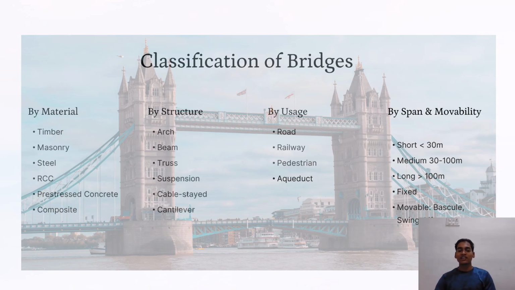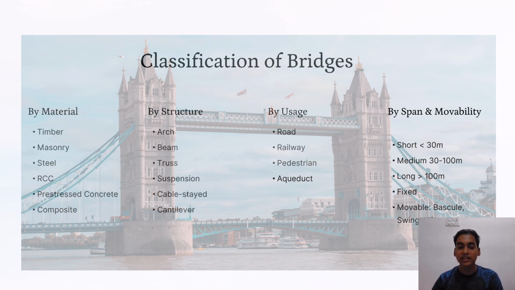So bridges are classified on various factors such as material, structure, usage, and span viability. First, classification by materials classifies it into timber, masonry, steel, RCC, pre-stressed concrete, and composite.